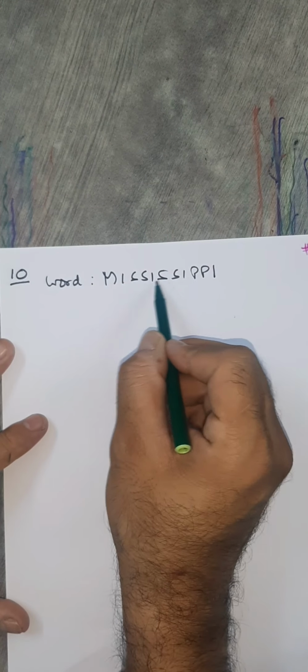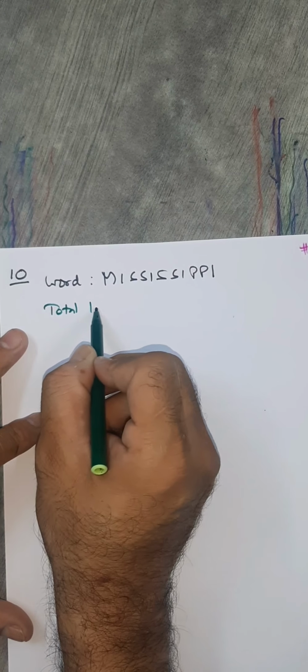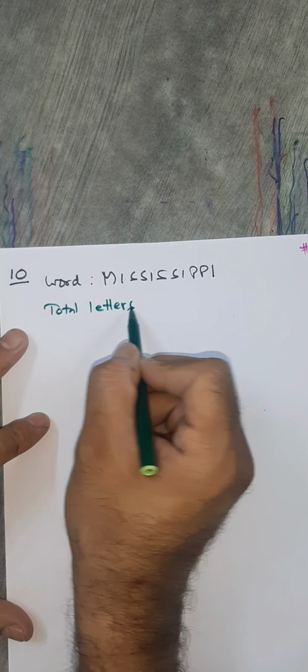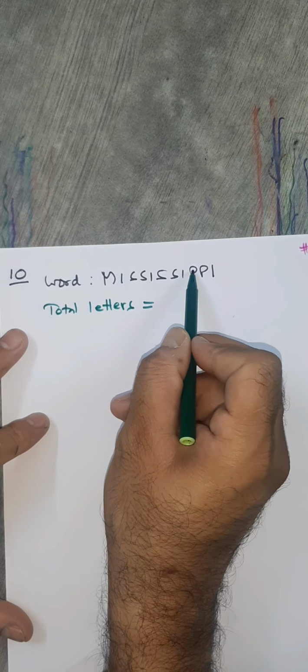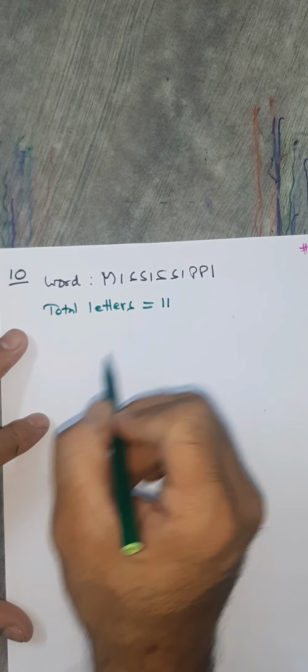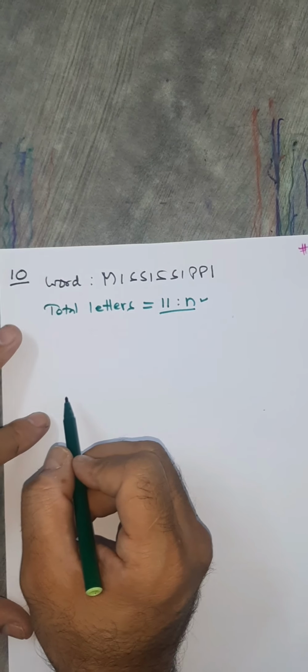So this is a permutation with like objects. All are not different. Remember, there is repetition in it. You can see very easily. So count the total letters. How many letters are there? 1, 2, 3, 4, 5, 6, 7, 8, 9, 10, 11. So there are 11 letters. So this is your n. Is there repetition?